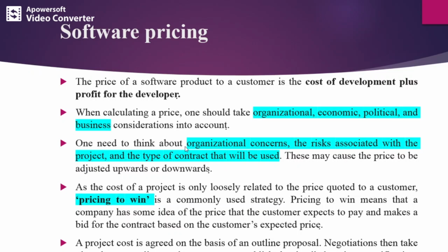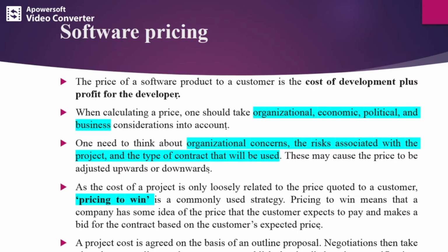One needs to think about organizational concerns and the risk associated with the project. Not only the organizational concerns, when you are calculating the price for your software, you have to also think about the risk in your software. There will be risks while developing the software.